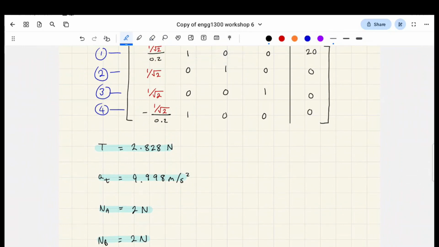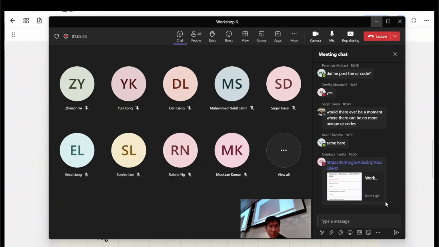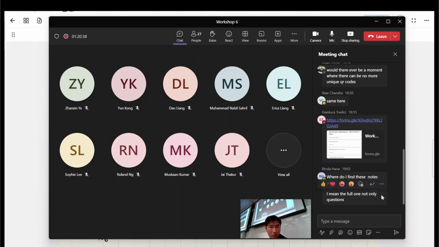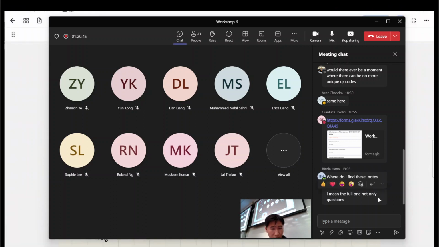Does anyone have questions? Nope. Come on. Where do I find these notes? The full ones, not any of the questions. So Google Drive or Moodle.